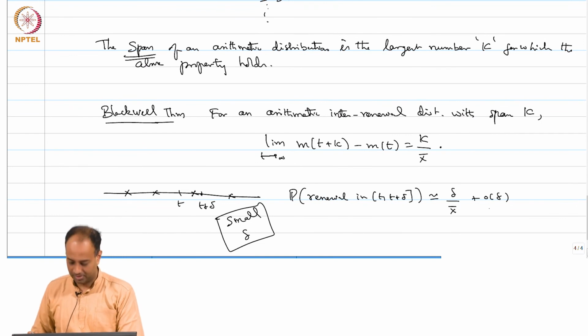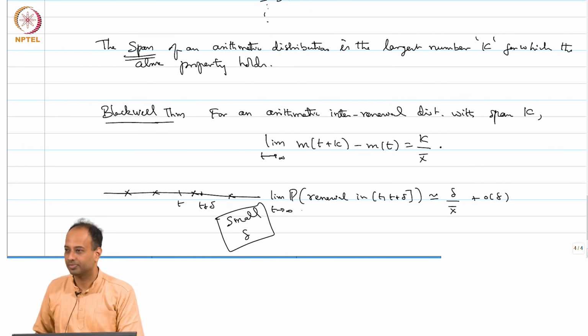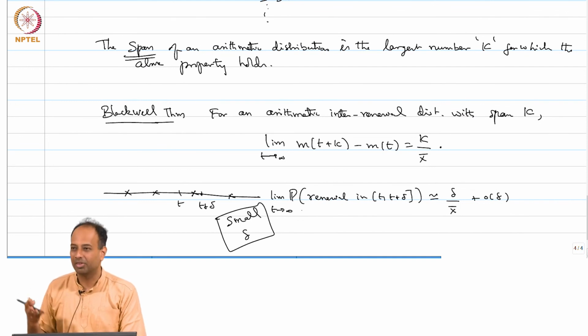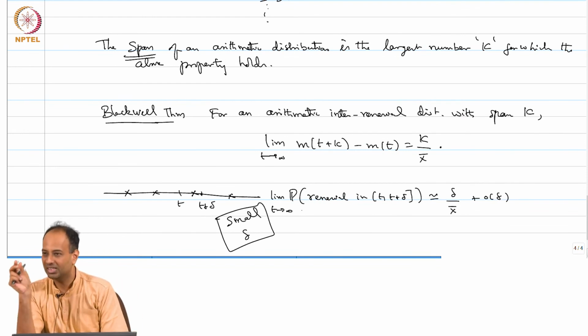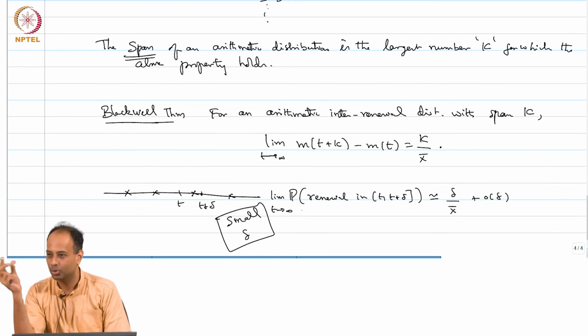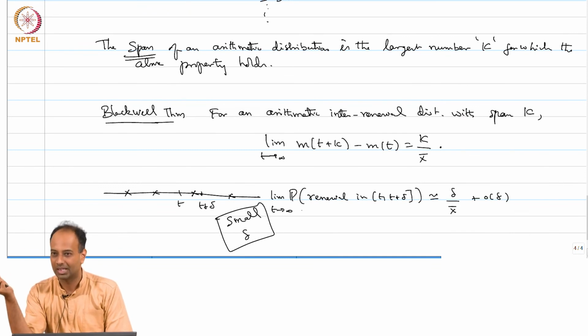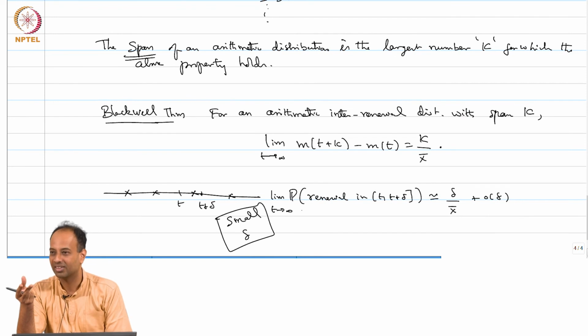But this is for large t, asymptotically. So, this is what Blackwell implies, because the expectation, if you have a small interval, fully comes from the probability of that one renewal. Two or more renewals has very little probability, little o delta, and 0 renewals has substantial probability, but it will contribute 0 to the expectation, correct.